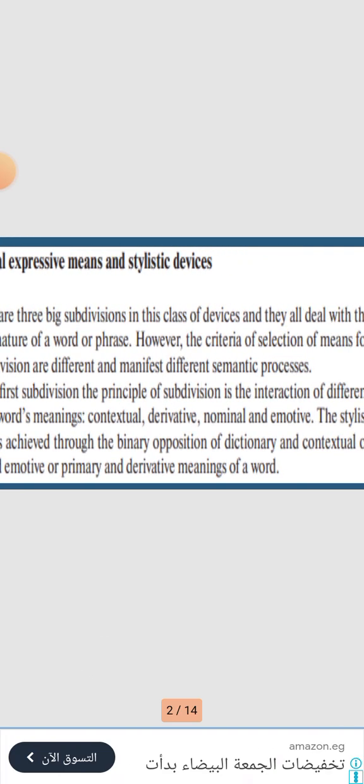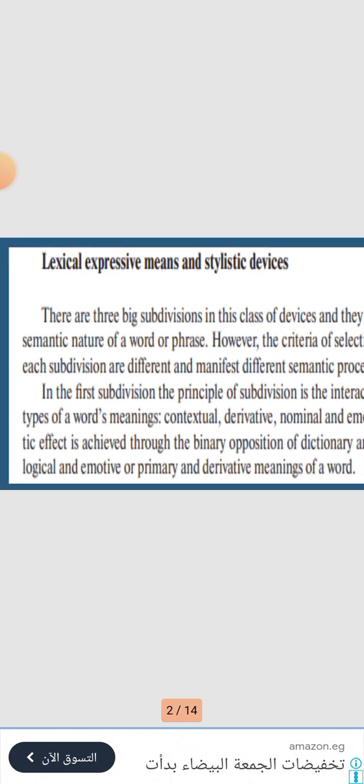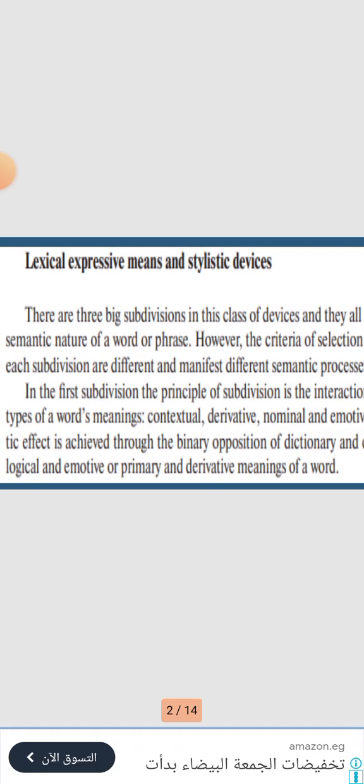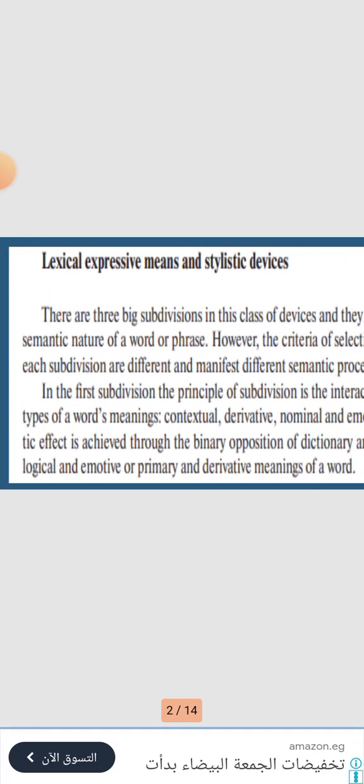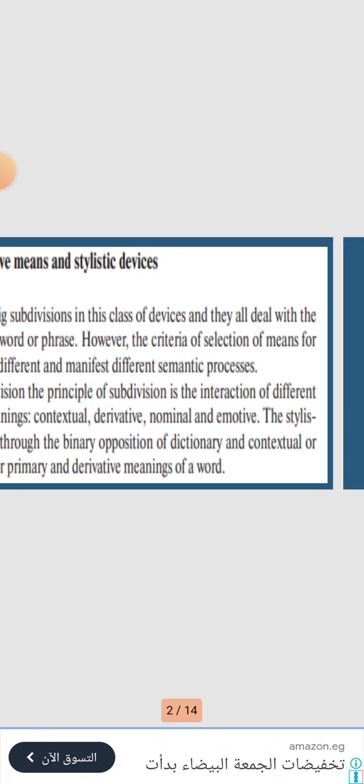In the first subdivision, the principle of subdivision is the interaction of different types of word meanings. So the first thing is how to look at the different types of word meaning, like contextual, derivative, nominal, and emotive, and how all these interact together.